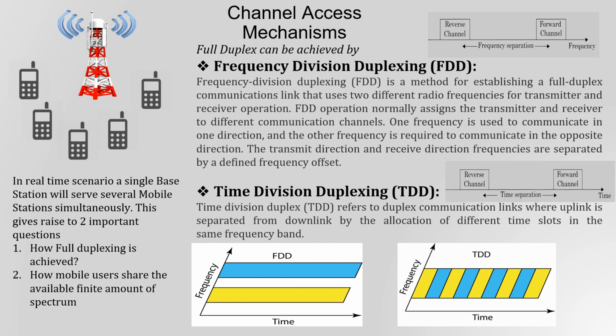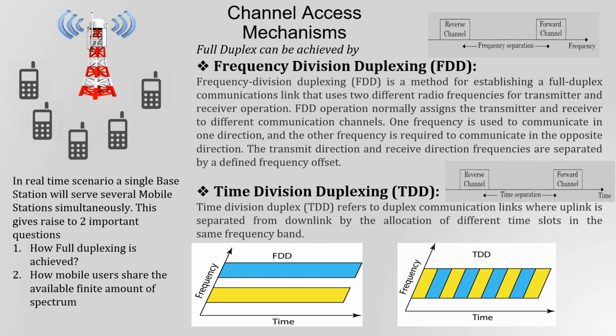Normally, full duplexing can be achieved by a technique called duplexing. When we talk about duplexing, we have two types. The first one is frequency division duplexing, abbreviated as FDD. In FDD, the forward channel and the reverse channel are separated.